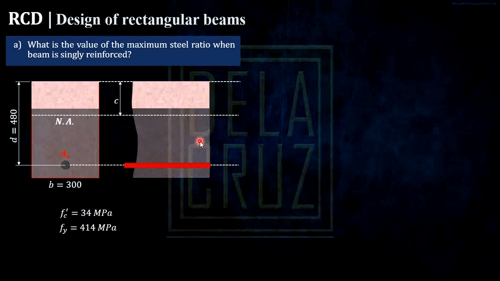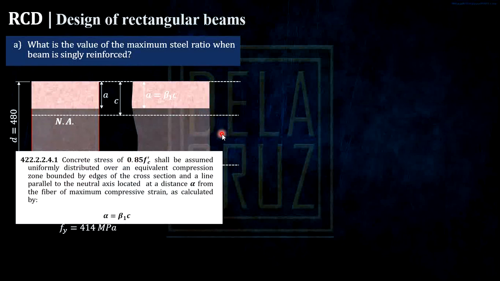Kaya i-cut natin yan, and this will be the depth of compression block a, and that is just beta 1 c, and that is given in the code, which is dito: concrete stress of 0.85 f'c, and so on and so forth. Ito lang yung ibig sabihin yan.